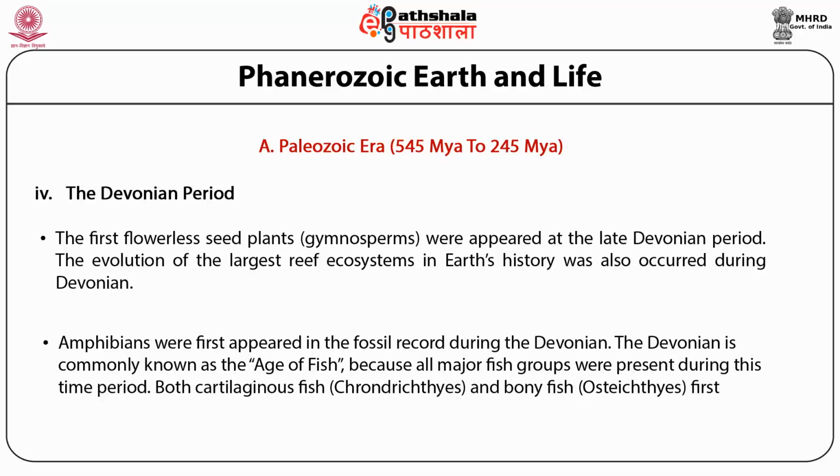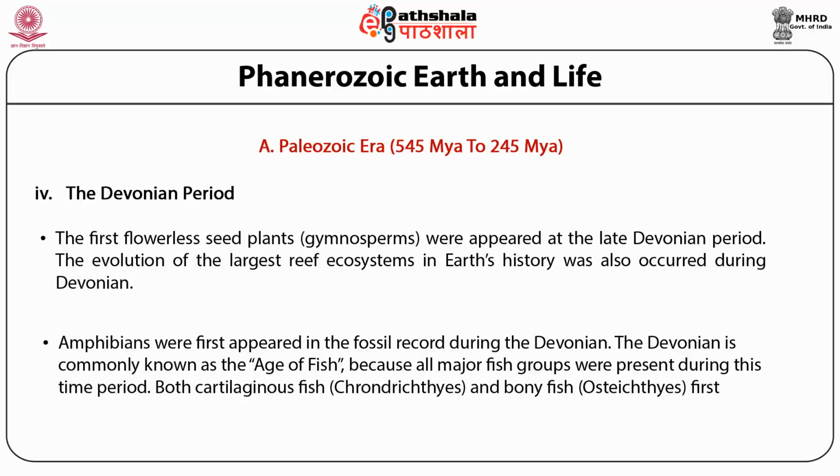The Devonian is commonly known as the Age of Fish because all major fish groups were present during this period. Both cartilaginous fishes, called chondrichthyes, and bony fishes, called osteichthyes, first evolved during Devonian.